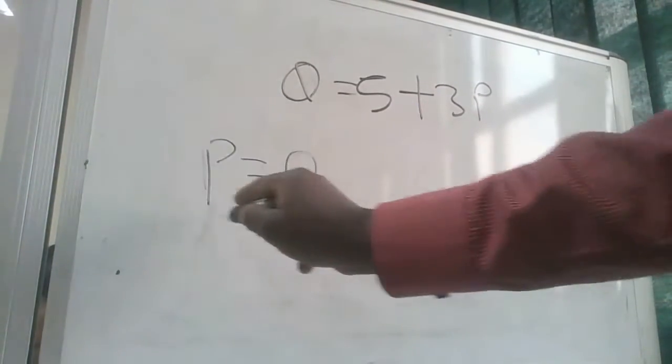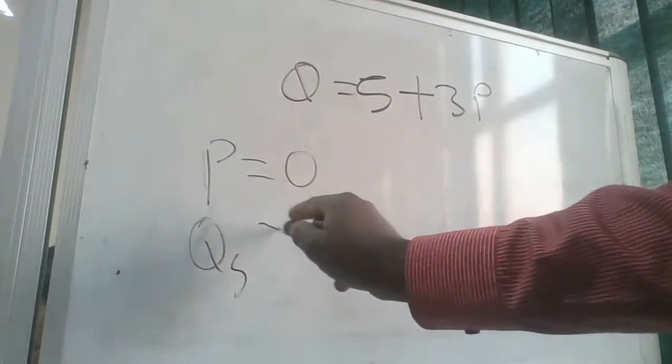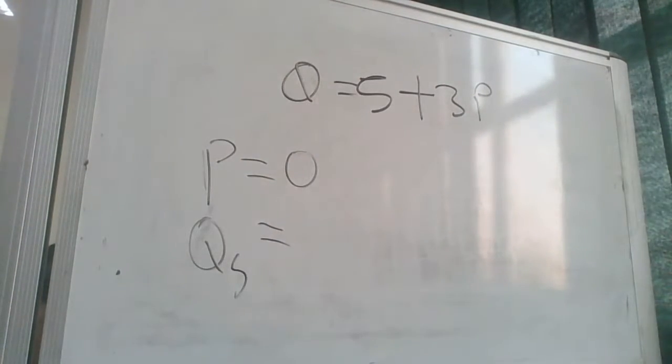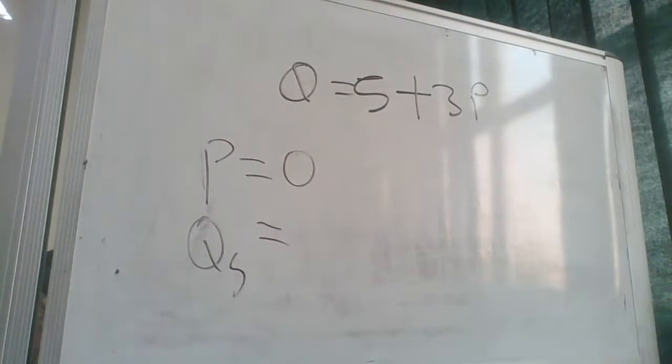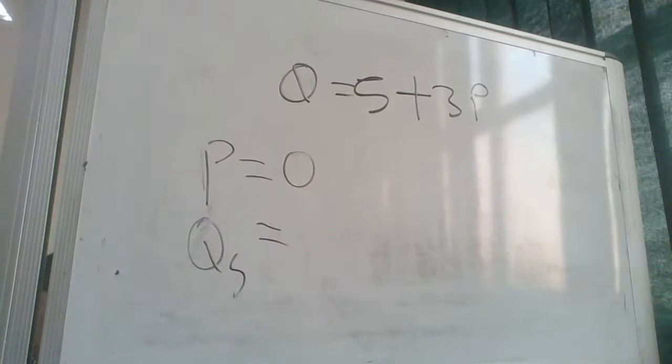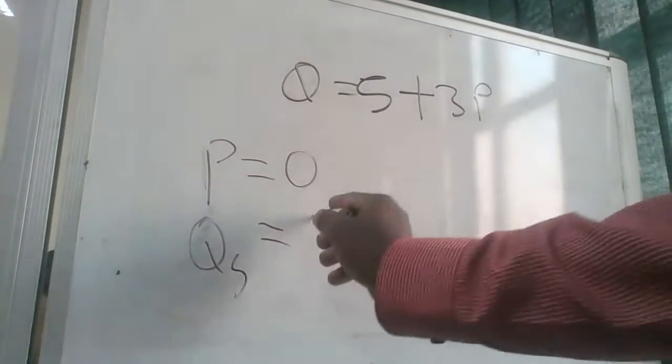If P is equal to 0, what will be the quantity supplied? Let's put the answer in the comment box. What will be the quantity supplied at P equal to 0? Good. Okay, so it will be 5.